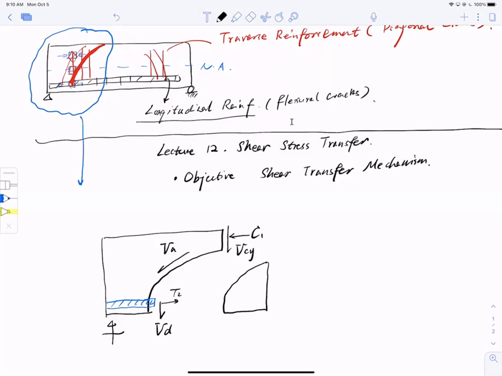On the other side of the crack, I will have equal but opposite tension from the bar, and a dowel reaction equal and opposite here. And also the inclined crack has a shear resistance, let's call it VA here. Okay, let me finish the bar.